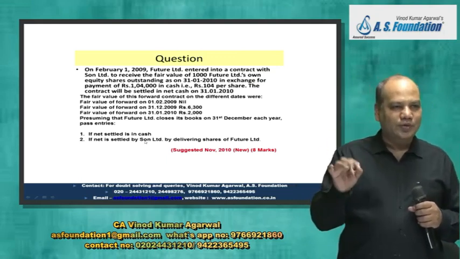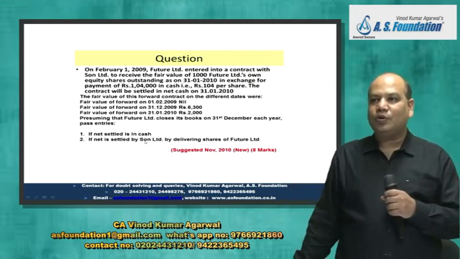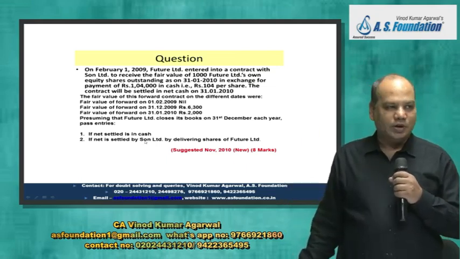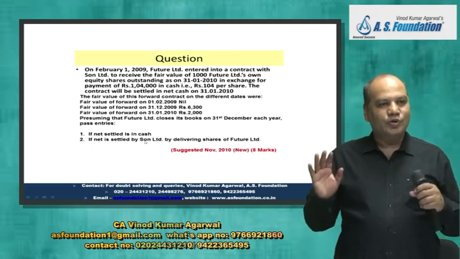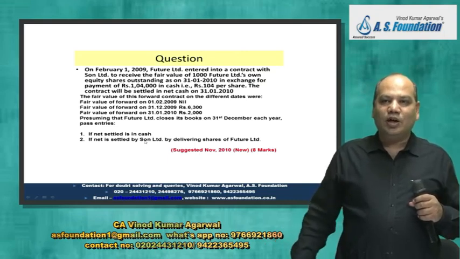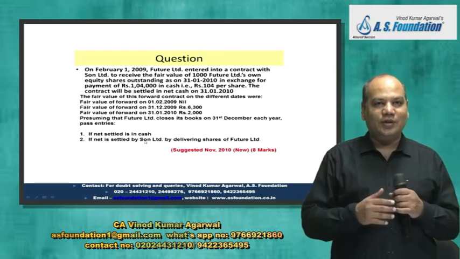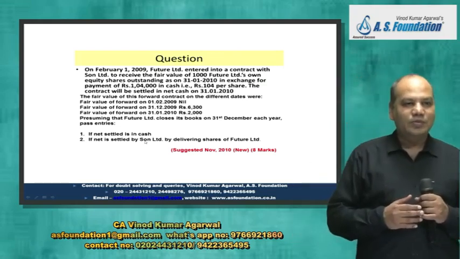Instead of paying 2000 rupees in cash, I am paying 2000 in the form of equity shares of Future Limited. And I am Future Limited myself. So for me it would amount to acquiring my own share. It becomes treasury share.